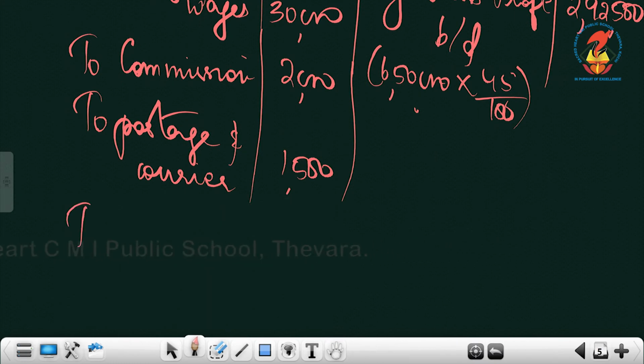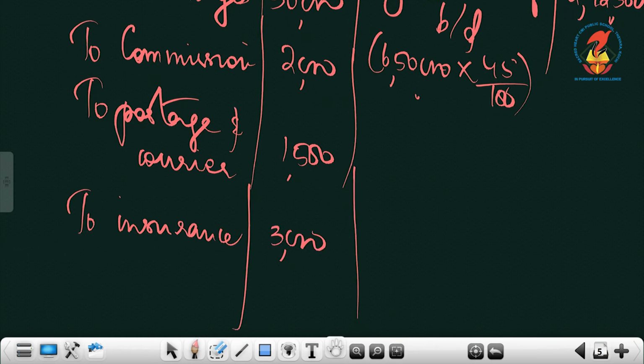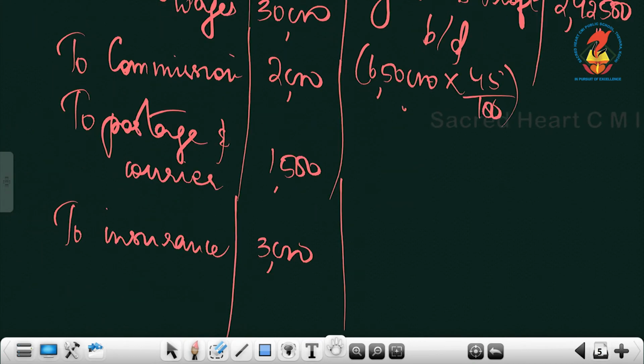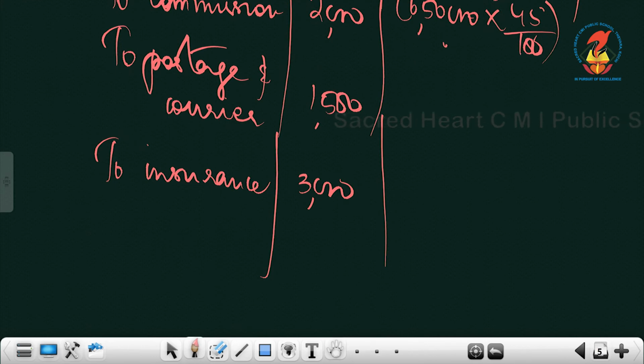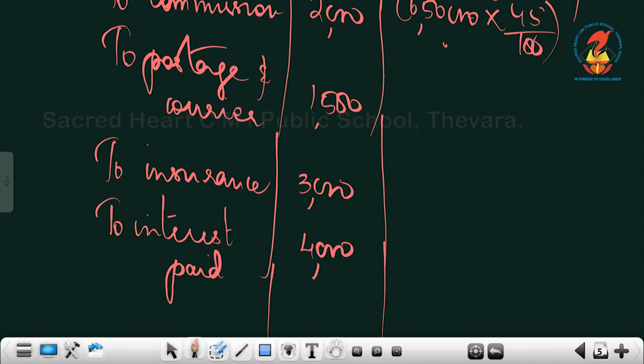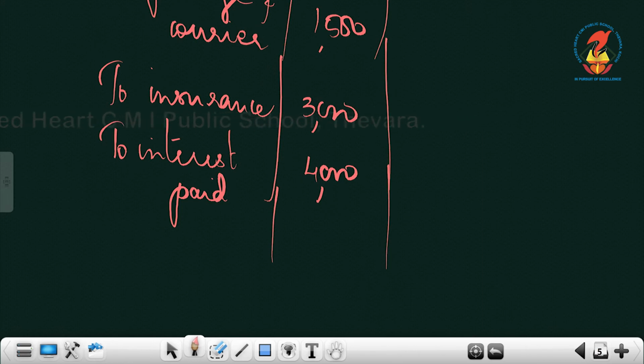So you just have to write like this, but make sure you are writing indirect items. Insurance 3,000, all these are indirect, which you can find in your format. Insurance amount is 3,000. Then interest paid 4,000. Then we have carriage outwards, which you can take here because it is indirect, that is 5,000.